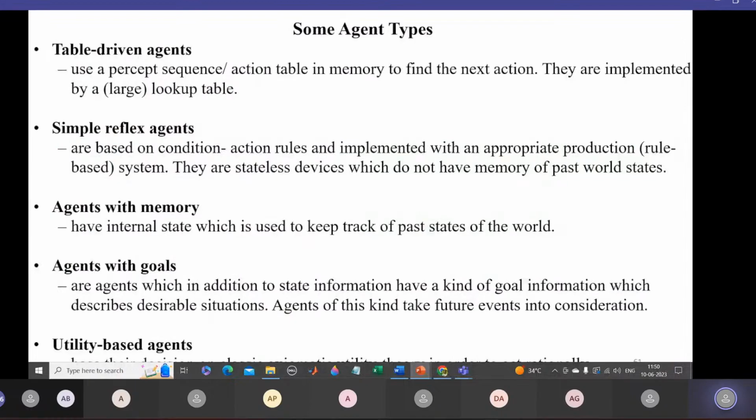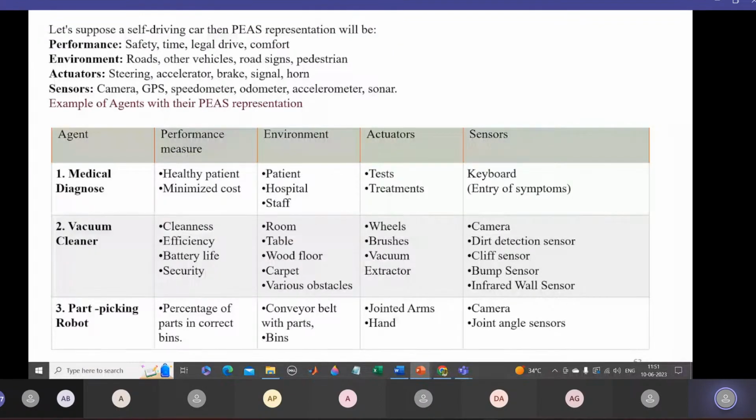Reflex means acting based on a condition, with some rule-based system. With memory, they keep track of past states and whatever they have learned, and act from that. Some have set goals and act based on the goal. And there are utility-based systems. We'll be seeing them one by one.